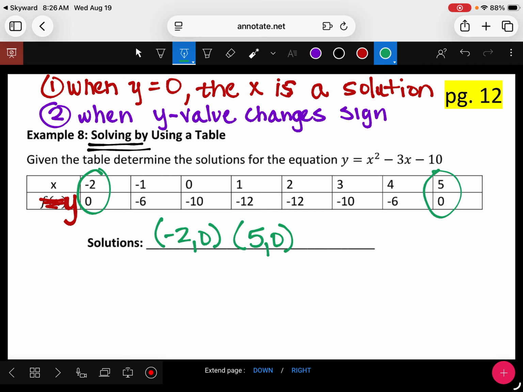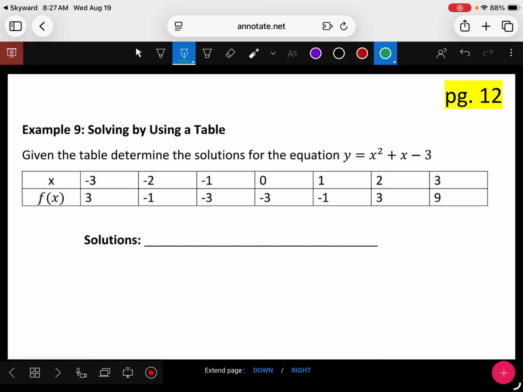All right, the second method would be looking for a sign change. So first thing we're going to do, remember this is y, is we look for a 0. And there aren't any zeros in this example. So now we're going to look at the sign. So we start off with a positive 3, and then it switches to a negative 3. Does everyone see that? How immediately I had a sign change.